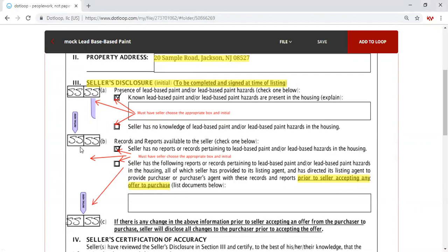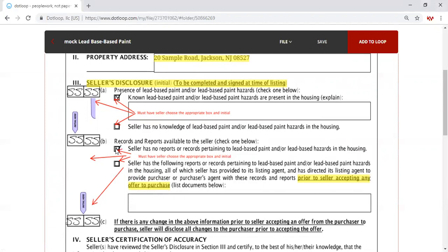Item 3B, again, the seller needs to initial the 2 spaces if there is a husband, wife, or 2 parties on this transaction. The question is records and reports available to the seller. If the seller has had any reports about lead-based paint, he would have to make a disclosure about it.